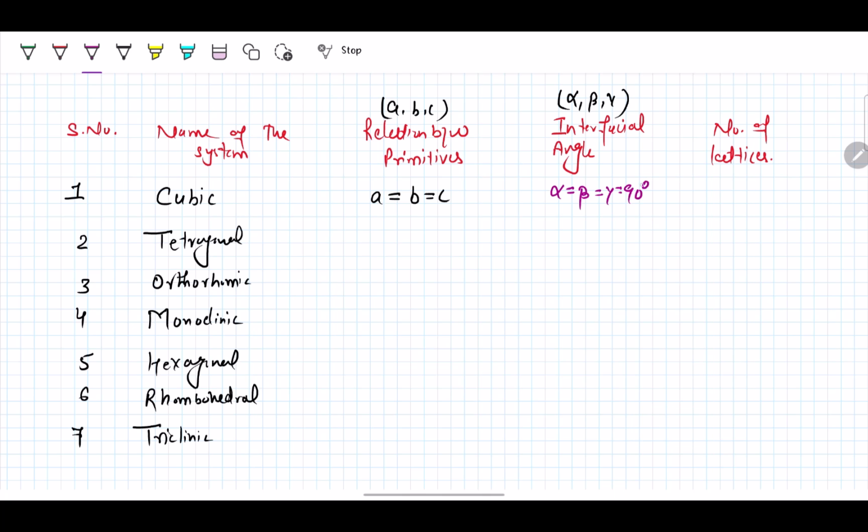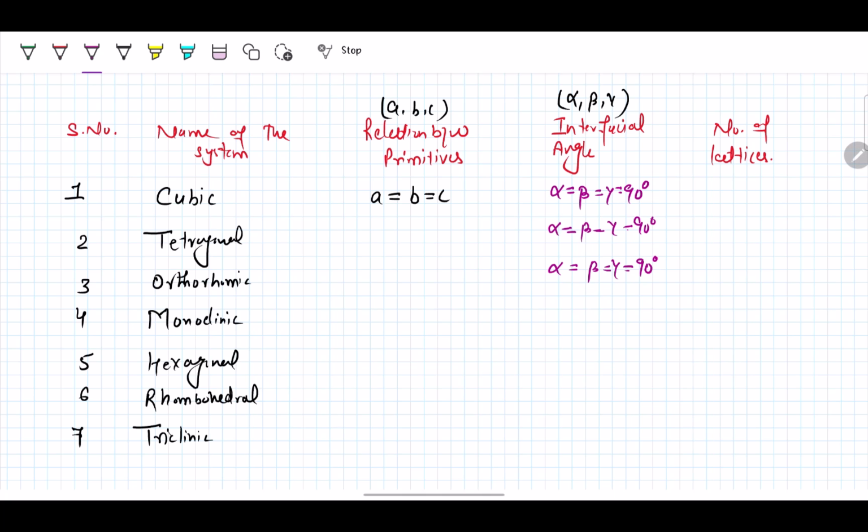This is the way to remember this table: all three interfacial angles are equal for the first three crystal systems.